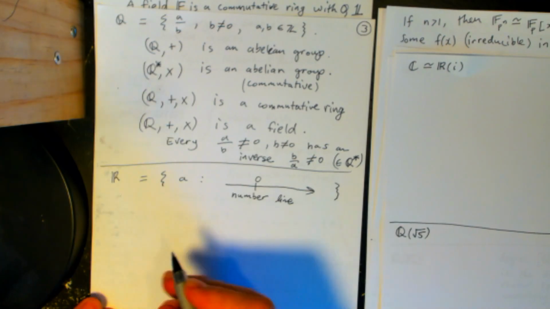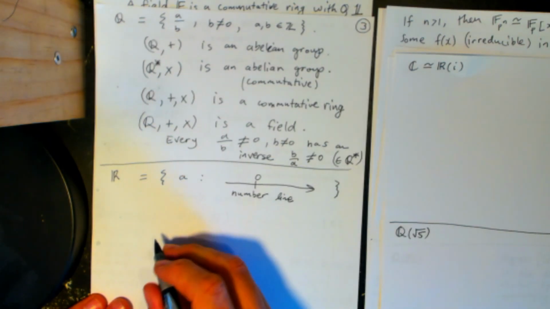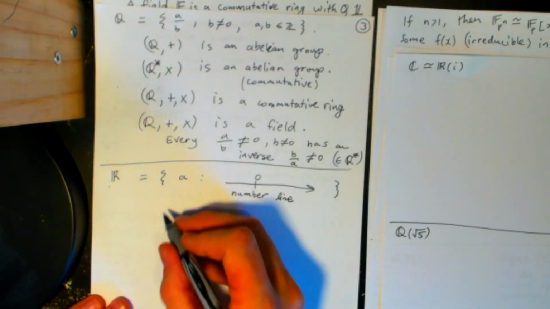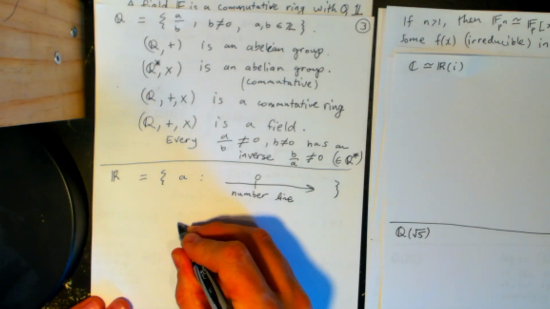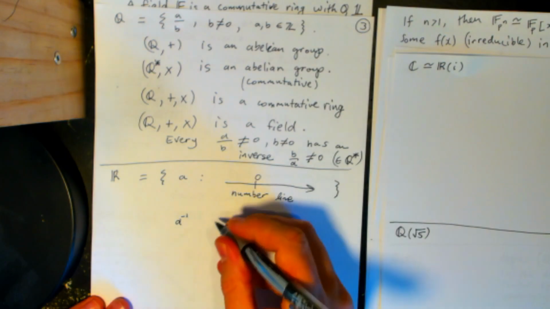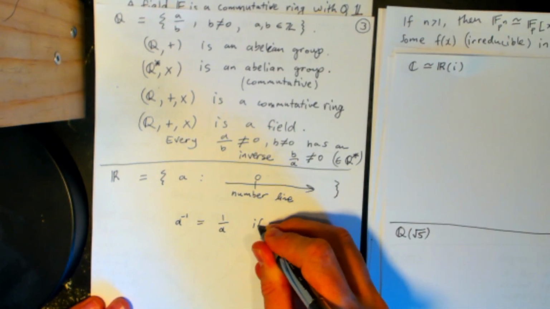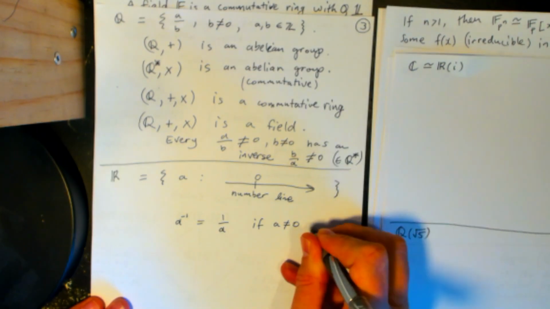Okay, now every non-zero element of the set of real numbers has an inverse. So we'll just say the multiplicative inverse of A is equal to 1 over A, right? If A is non-zero.